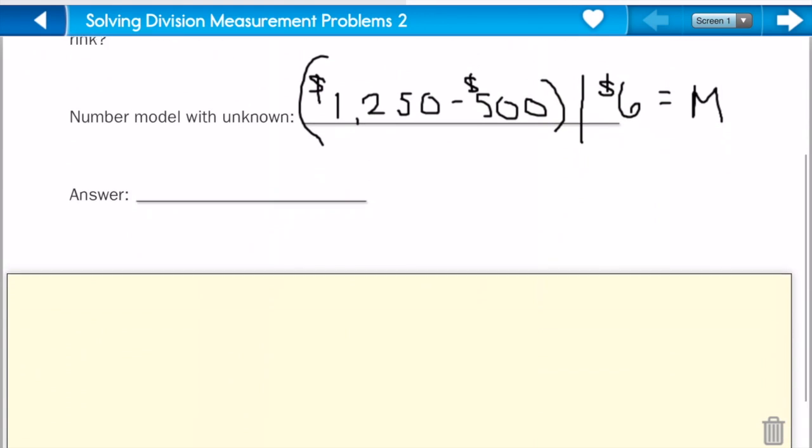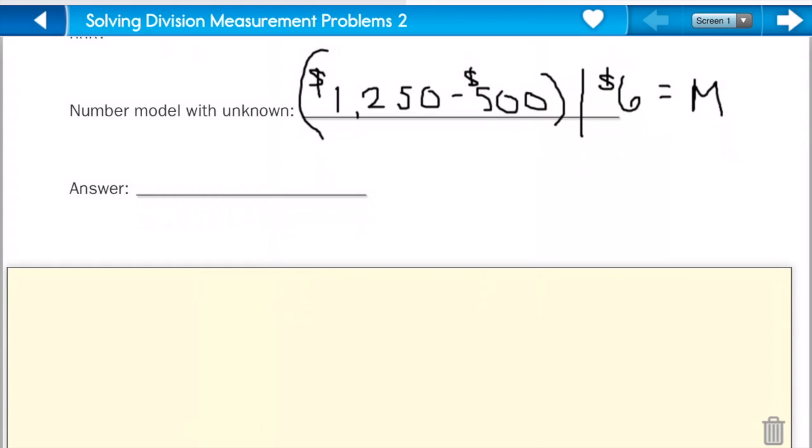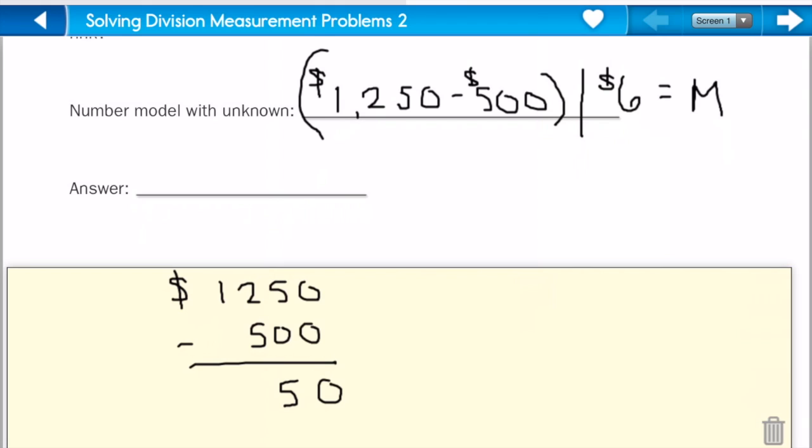So now let's solve this problem. So first things first, let's take away $1,250 minus 500, right? So 0 minus 0 equals 0. 5 minus 0 equals 5. And you can't take away 2 minus 5, so we put our 0 here.